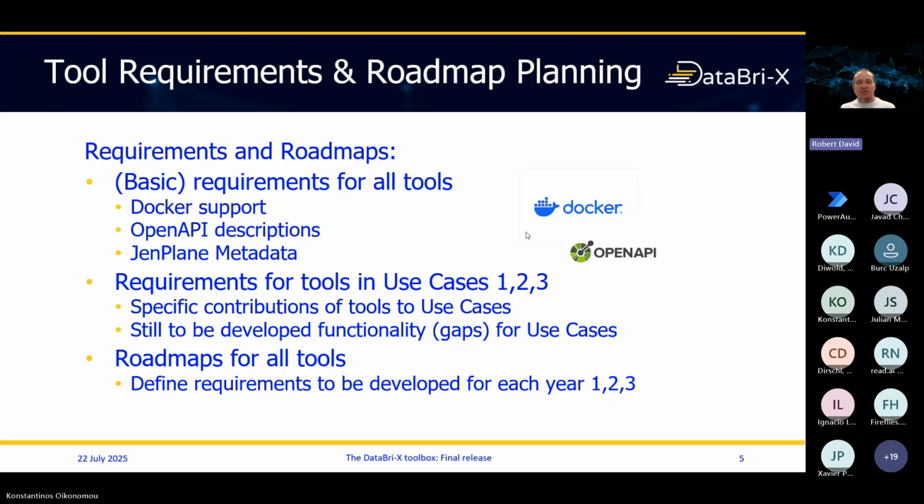So we looked into that and noted the specific contributions of the tools for the use cases and also the gaps, where we said, okay, this still needs to be developed either within an existing tool or by creating a new tool. And finally, we needed to come up in the beginning with roadmaps for this development. There was a lot of work to be done for this huge tool set. And so we defined the roadmaps for each of the years.